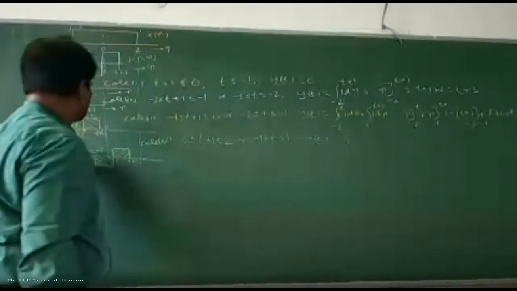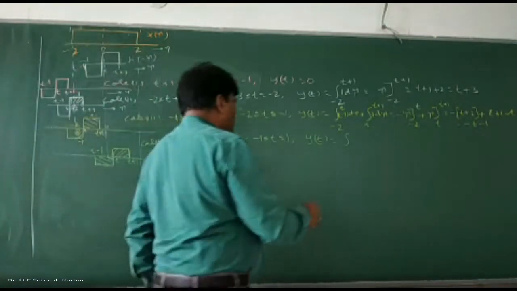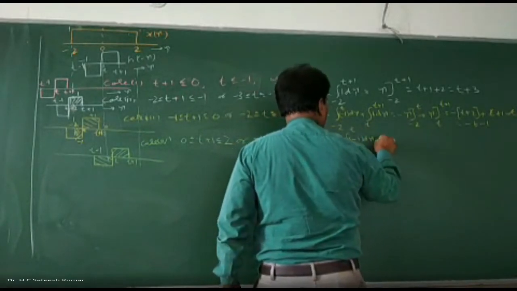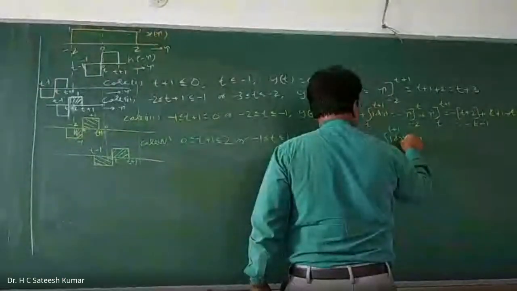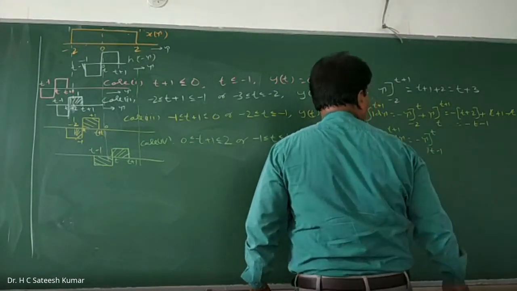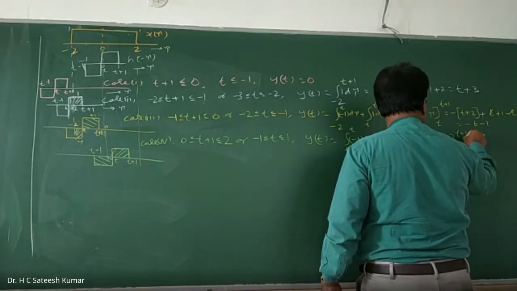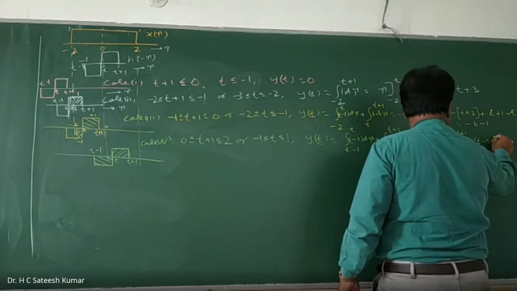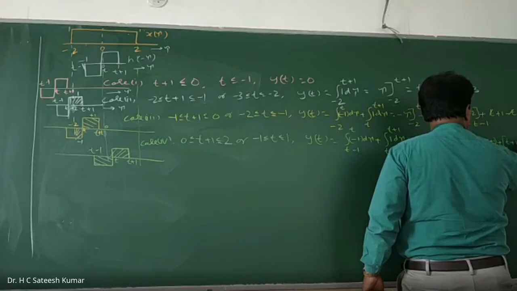So now what is to do? Starting from this one, t minus 1 to t, it is minus 1. T to t plus 1, it is plus 1. Integration from t minus 1 to t of minus 1 d tau plus integration from t to t plus 1 of plus 1 d tau, which is equal to minus tau between the limits t minus 1 to t plus tau between the limits t to t plus 1, which is equal to minus of t minus t plus 1 plus, second one, t plus 1 minus t.